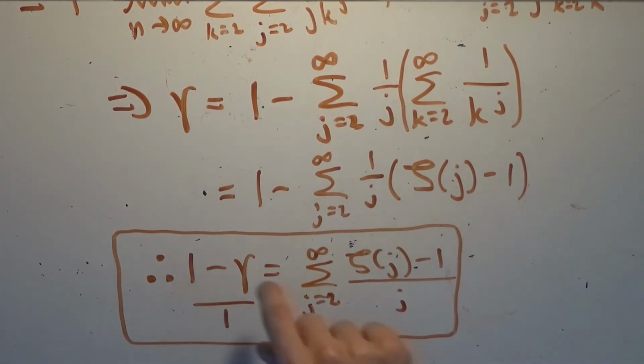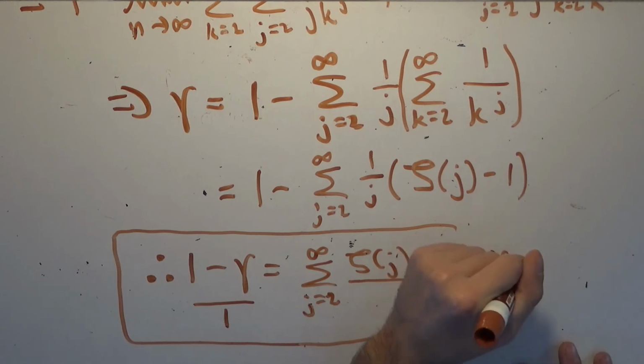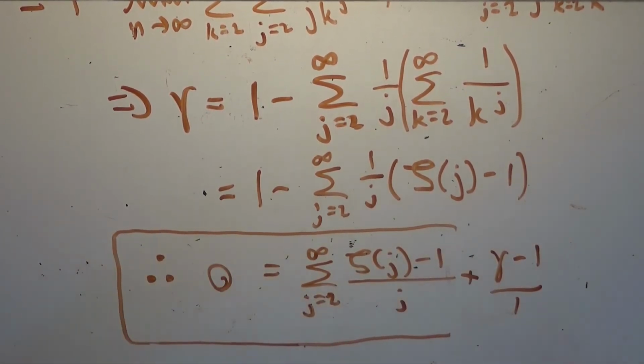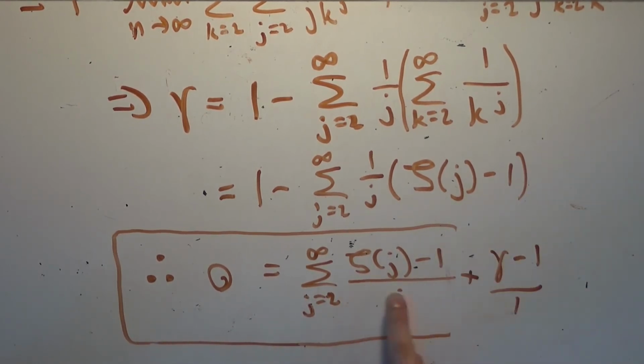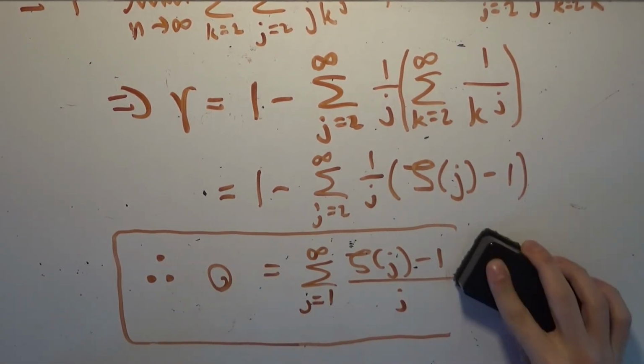But now if I subtract this term over, so subtracting it means I end up adding gamma minus 1 over 1, this side becomes 0. That tells me that I can put this into here because look, I have zeta of 1 in a principal value sense minus 1 over 1, which is exactly what satisfies this relationship here. Which is to say that if we did this, there is a sense in which this is true.